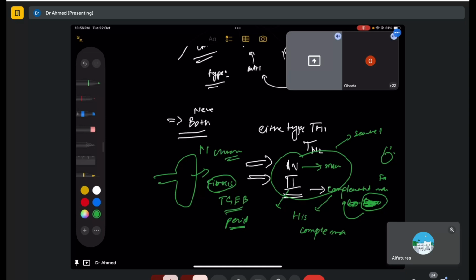Okay, Dr. Obada. First of all, in type 1 hypersensitivity, can you tell me which cells are involved? IgE, mast cells. Is it Th1 or Th2 driven? Th1. Okay, Th1 driven. So where does the IgE come from if it's Th1 driven?